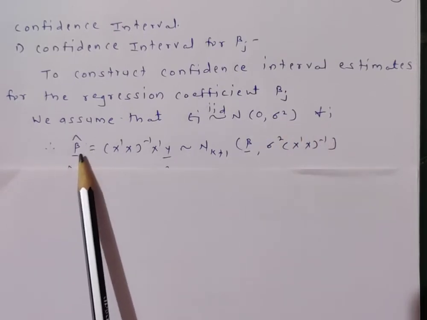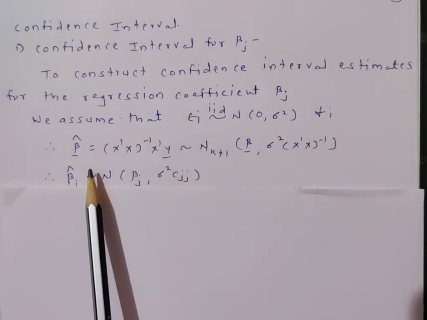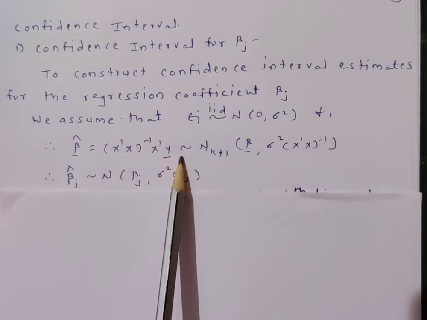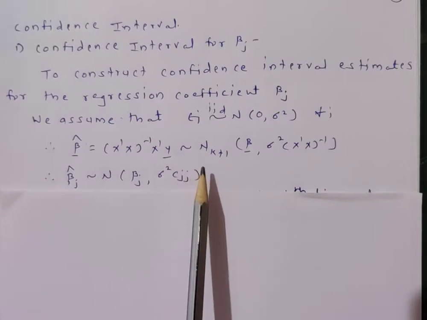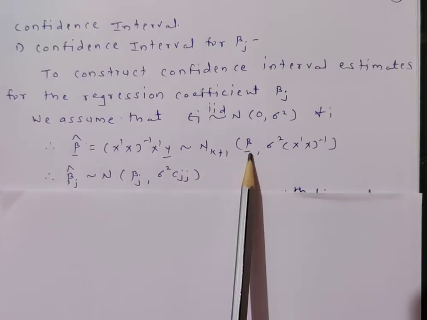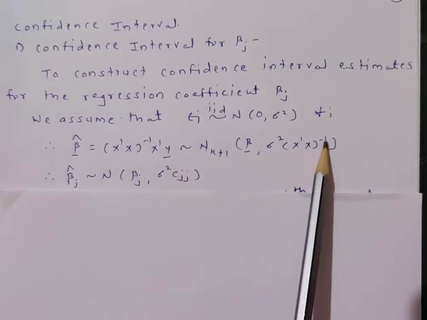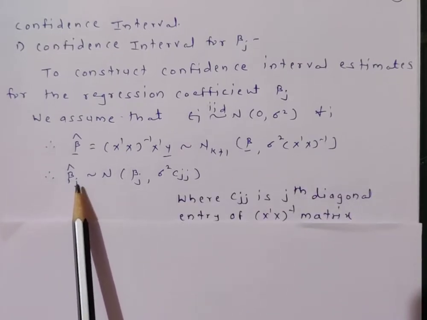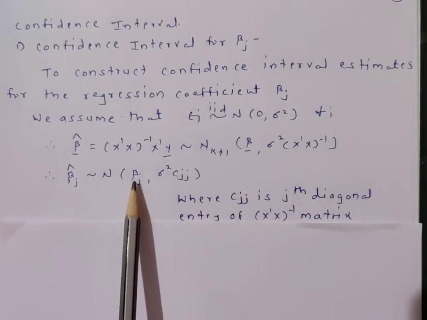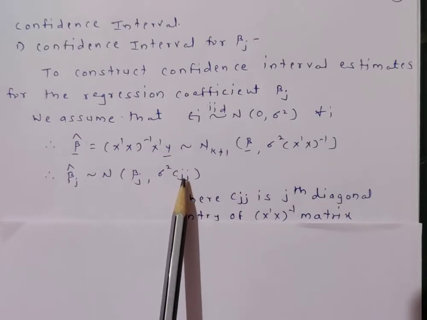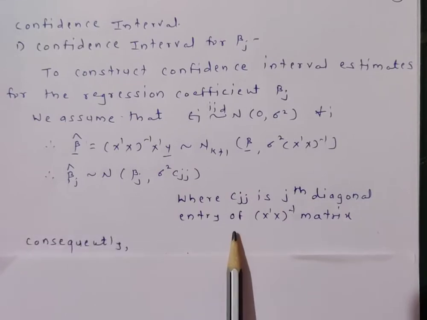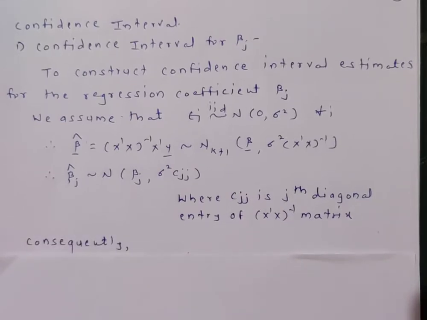The estimated value beta hat is x dash x inverse x dash y, which follows normal with mean beta and variance sigma square x dash x inverse. So for the specific value, beta j hat follows normal beta j comma sigma square Cjj, where Cjj is the jth diagonal entry of x dash x inverse.